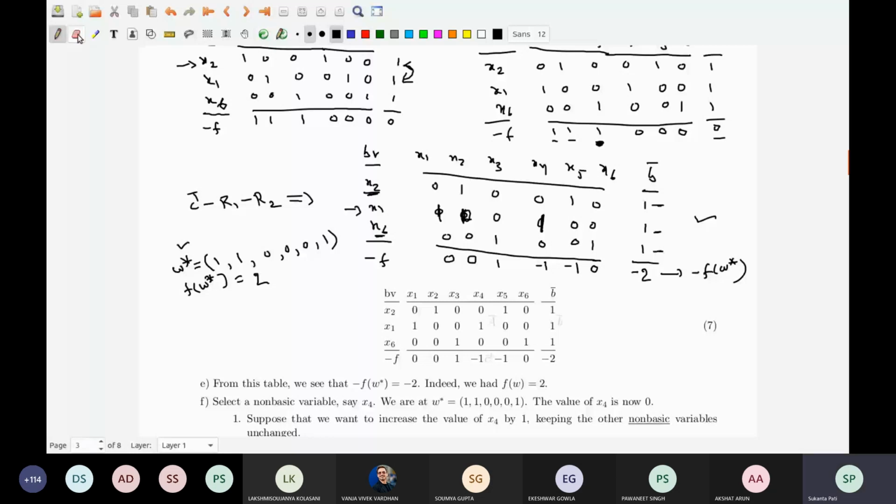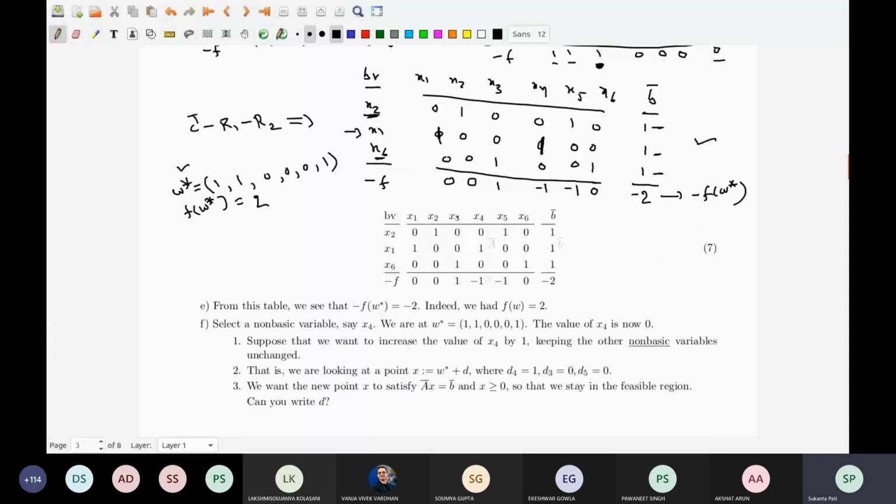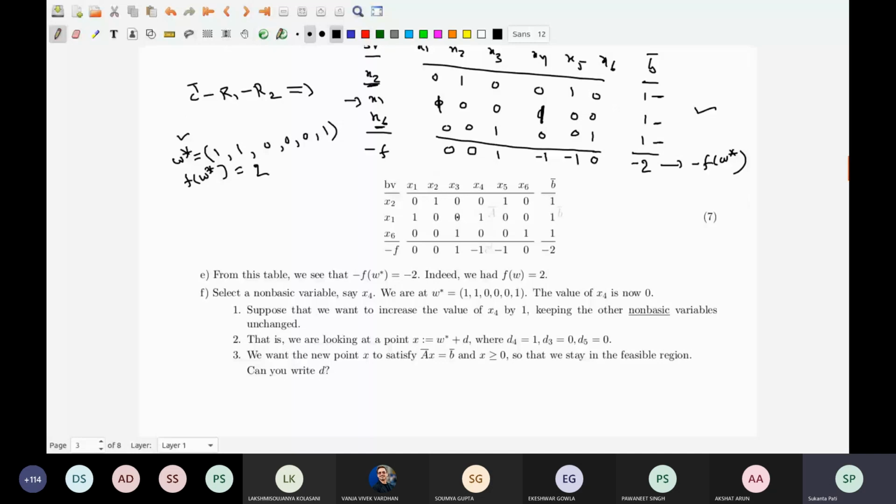I am going a little bit slow because what is coming is the most important thing. Suppose somehow I make the computer generate this particular table, and somehow I make the computer realize that at this point W star, the value is 2.